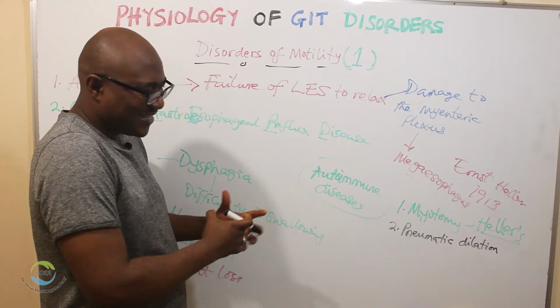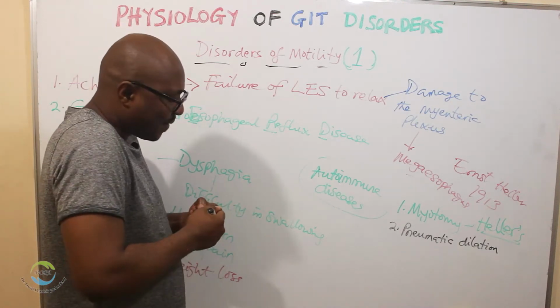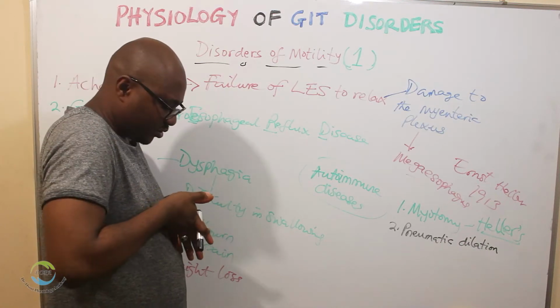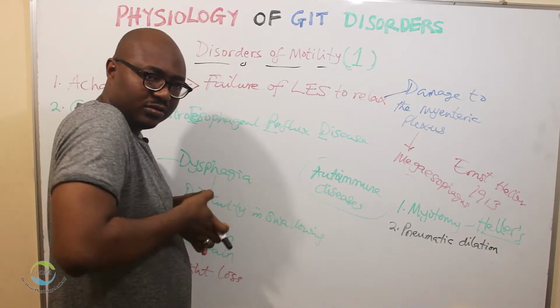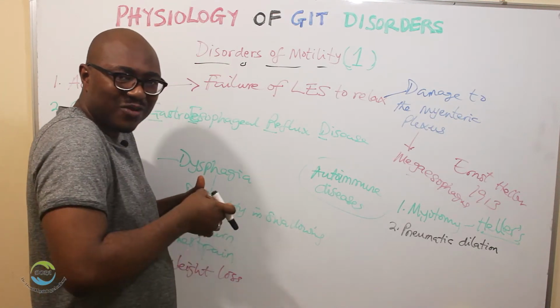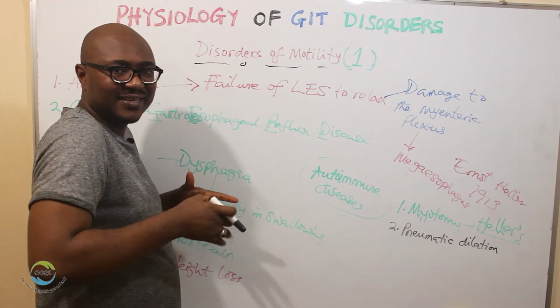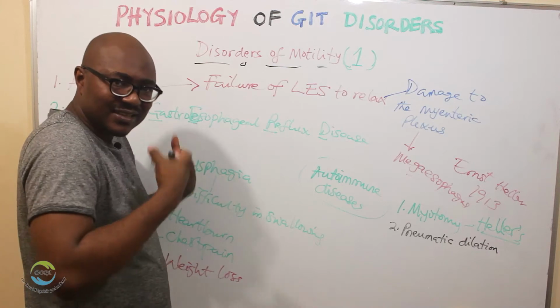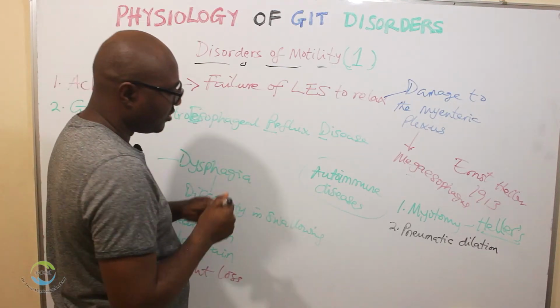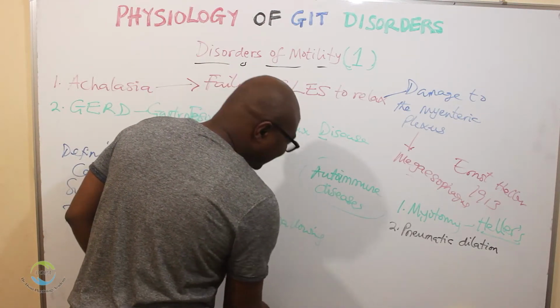Okay, so it's dilating it by applying pressure through that balloon. So you're pumping air into the balloon and it's distending and dilating that segment to make it lax, to make it slack and lax. Pneumatic dilation. Okay, just need to know that.